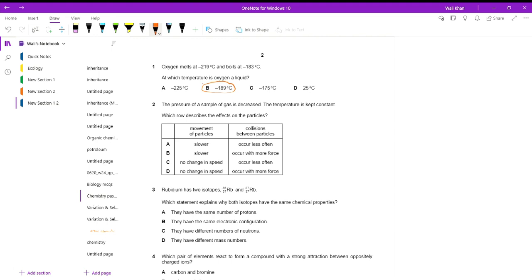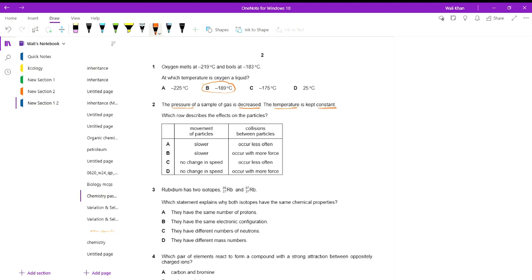Question number 2. The pressure of a sample of gas is decreased. The temperature is kept constant. Which two describe the effect on the particles? Movement of particles, collision between particles.